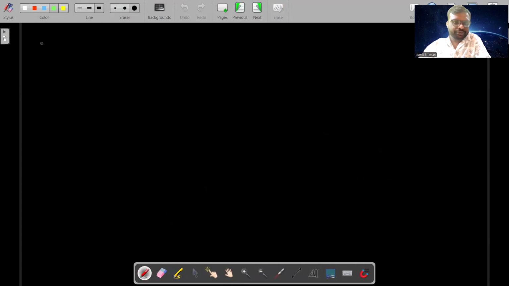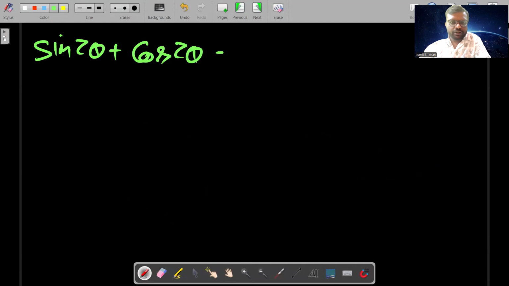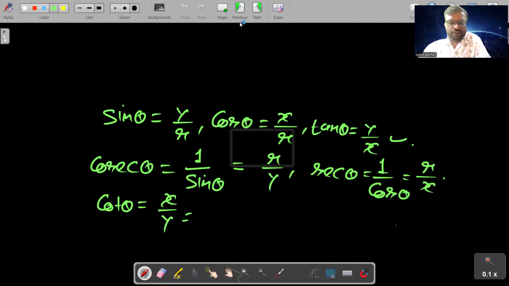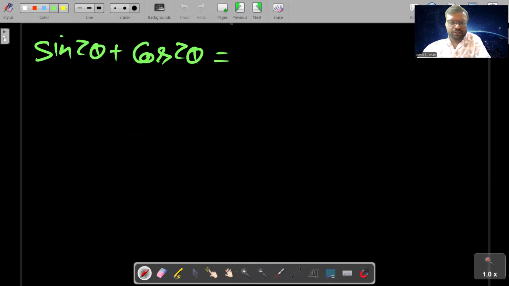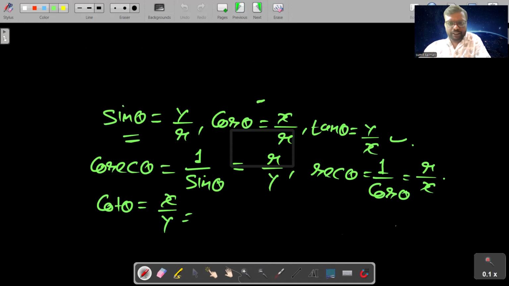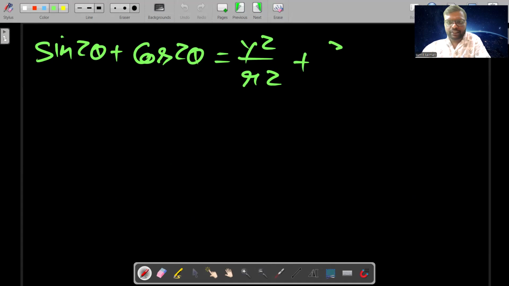First is sine square theta plus cos square theta. So here, students, sine theta is y by r, so sine square theta will become y square by r square, and cos theta is x by r, so here it will become x square upon r square.